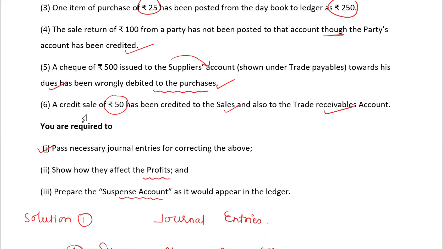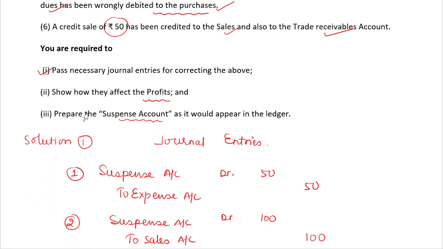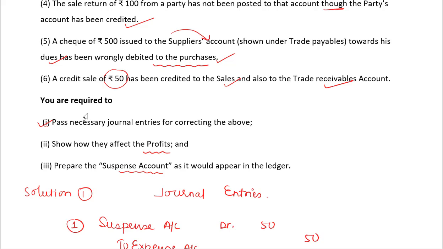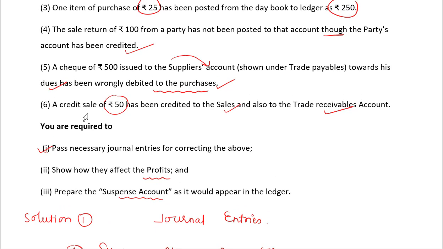Let's see the sixth one now. Our credit sale of 50 has been credited to sales and also to the trade receivable account. So there is a dual credit. We will rectify the trade receivables account here. There is a credit sale, that means there is a trade receivable, and we have also credited the trade receivables account. So we'll rectify that.